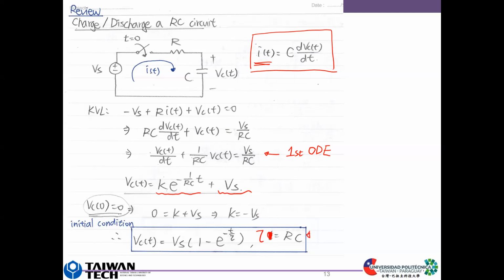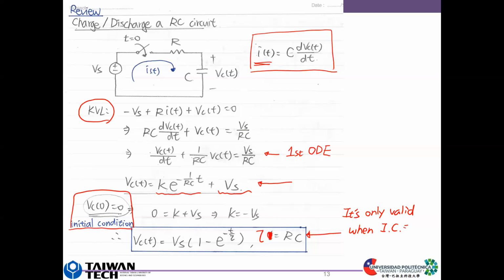So please memorize this equation, but at the same time, I also need you to derive this from KVL, because this formula only fits when the initial condition is 0. So it's only valid when the initial condition is 0.